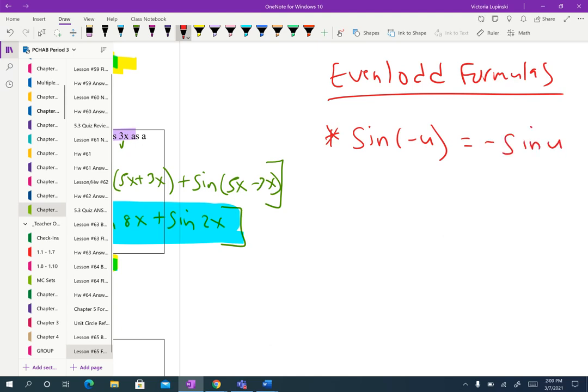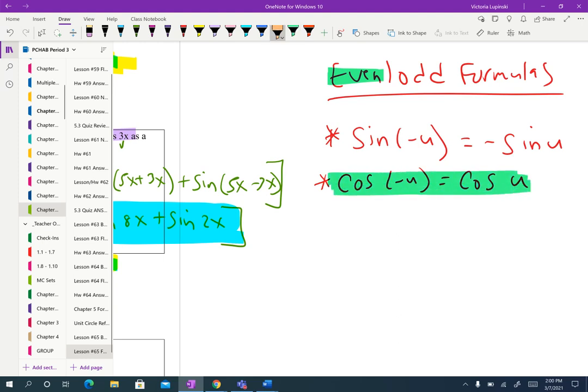That's true based on the fact that the sine function is odd. And similarly, if you were to get the cosine of negative u, because the cosine function is even, the cosine of negative u would be equal to the cosine of positive u. So again, even is because they wind up being the same, and odd is because they wind up being opposite.